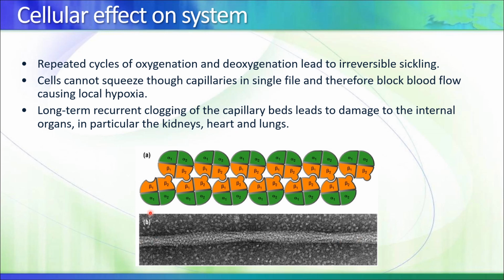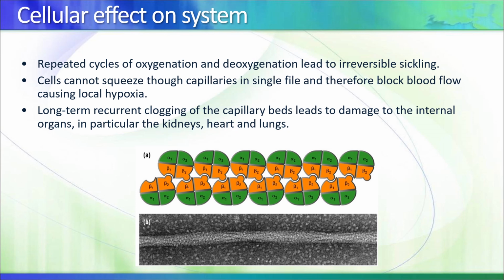Now that would cause clumping in capillaries, clogging capillaries, so that blood flow is restricted, causing hypoxia, a low level of oxygen in tissues. Now, eventually that would lead to organ damage, particularly in kidneys, heart, and lungs.